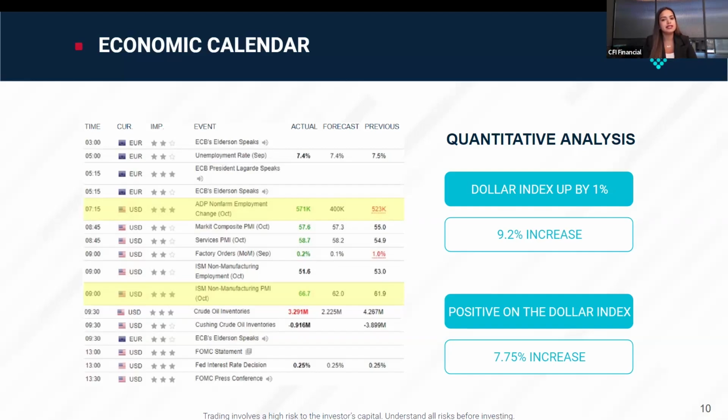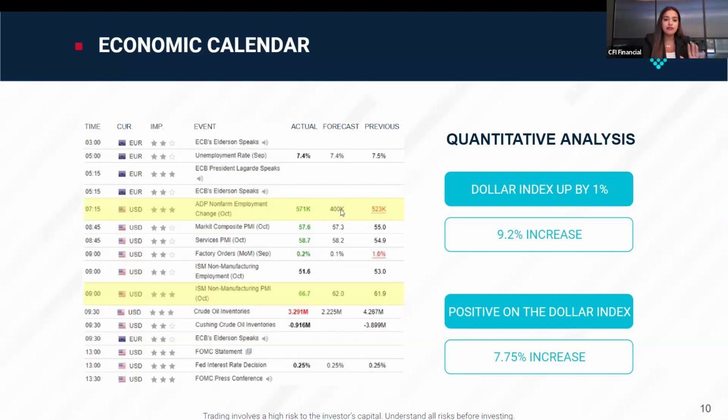For example, CPI, interest rate, unemployment rate, non-farm payrolls. So basically here, we have three readings: a previous reading, a forecast, and the actual reading. You have to compare the forecast with the previous reading to know how it's going to affect the US dollar, for example, or the euro or the pound.